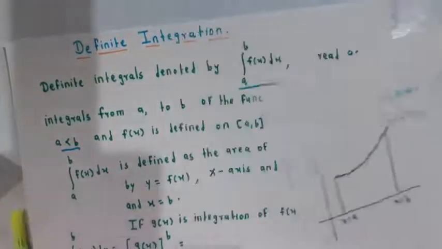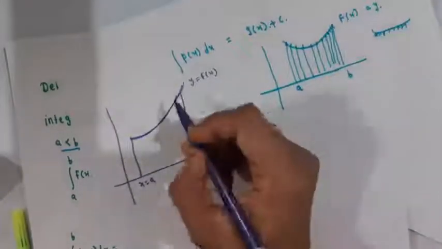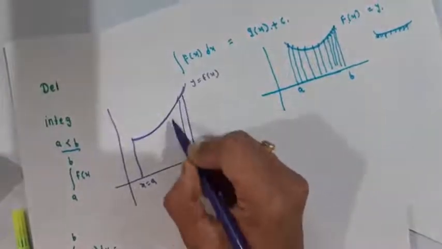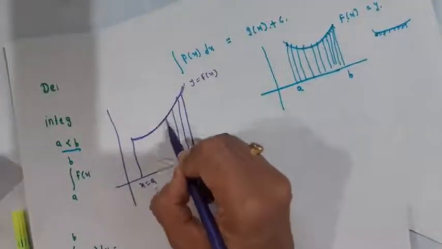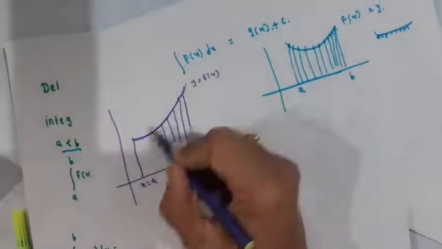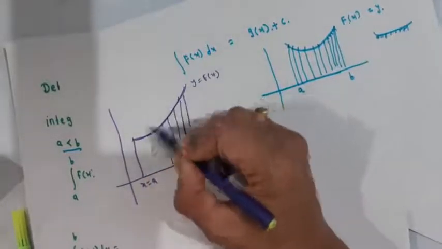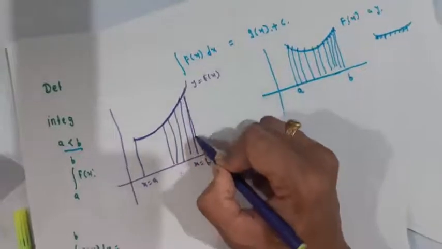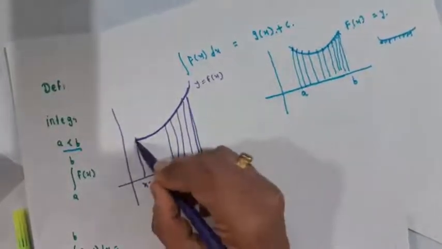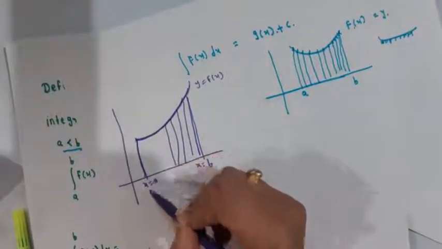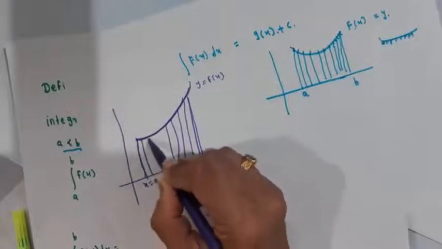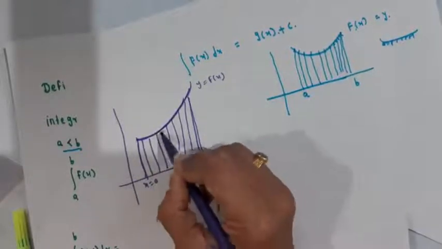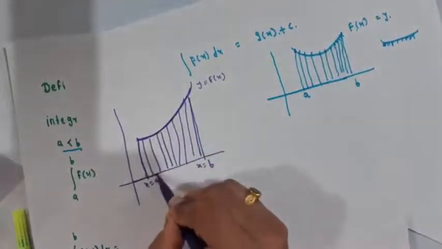This is the area bounded by the region, that means the curve. Then on the x-axis the point b, and on the x-axis the point a, from point a to point b, along the x-axis.